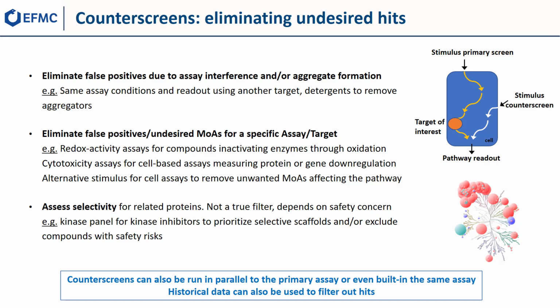Finally, it can be of advantage to assess early the selectivity on related proteins. Now, this is not a true filter because some compounds which are not selective may still be of interest, and you may build in selectivity later. It depends a little bit on the safety concern. For example, if you're working on a kinase, there are lots of kinase panels available, and you can run one to prioritize selective scaffolds and exclude compounds with safety risks.